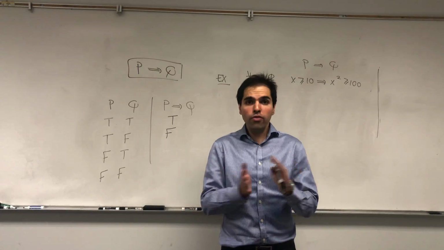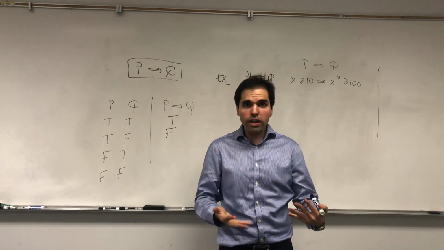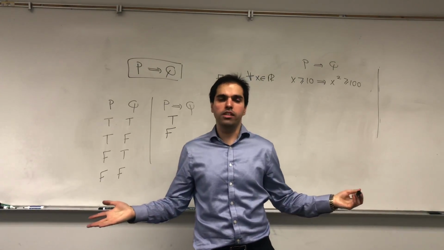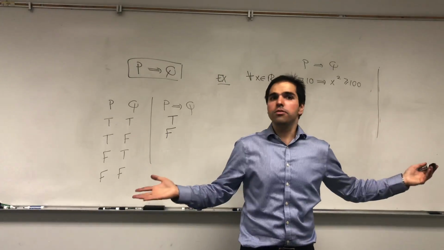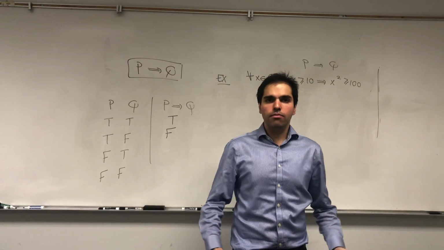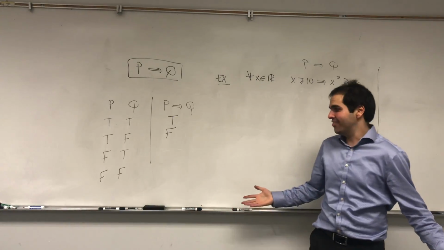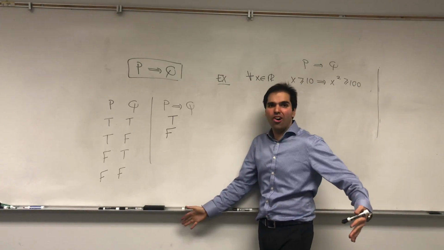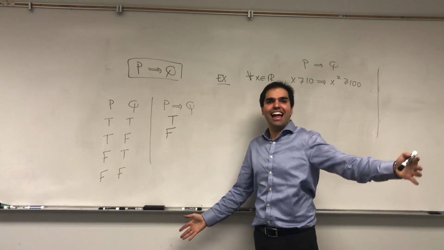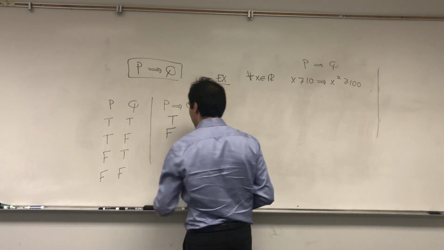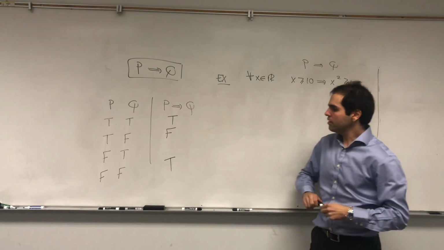Suppose, hopefully like most of us, you don't get into an accident and the policy doesn't give you $1 million. Would you say it's a bad policy? Well, not really, because you haven't really been in an accident, right? It's not false that if you're in an accident, then we give you $1 million. So false implies false is true.